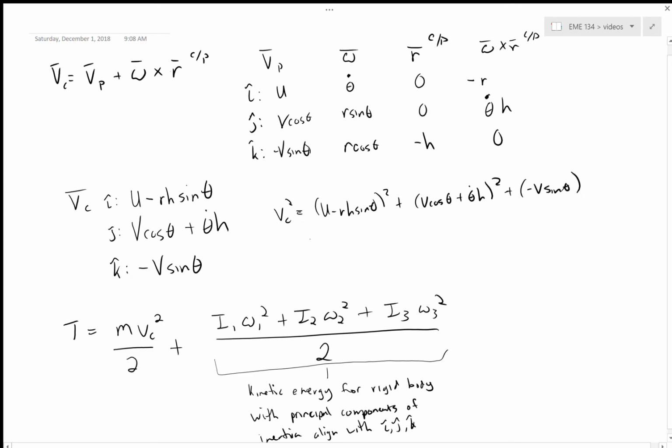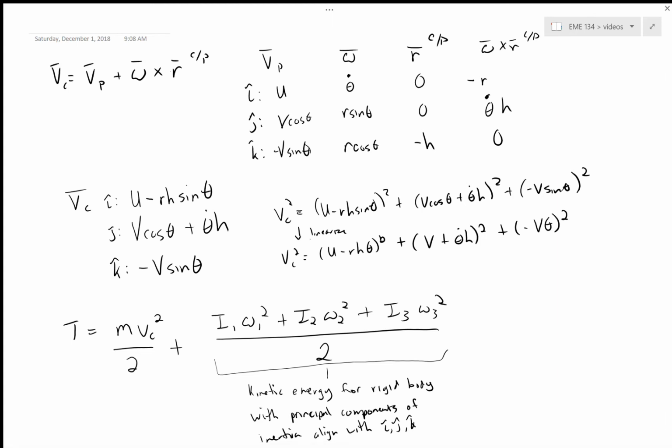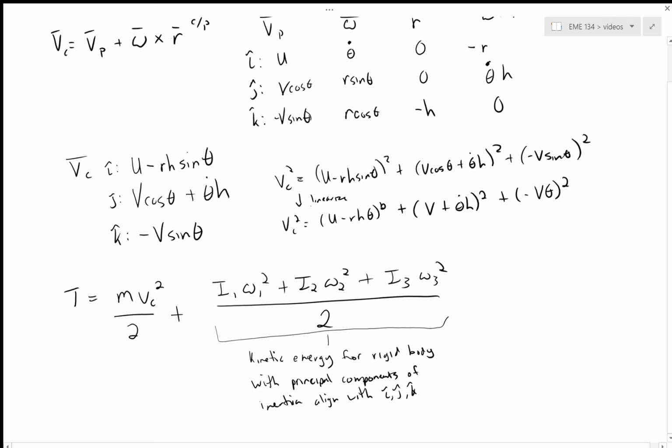And we can linearize partially by substituting out our sines and cosines for the small angles and roll. So we'll get that, and that'll just save us a little bit of writing as we move forward. So we've got the piece of the puzzle here to write the kinetic energy.